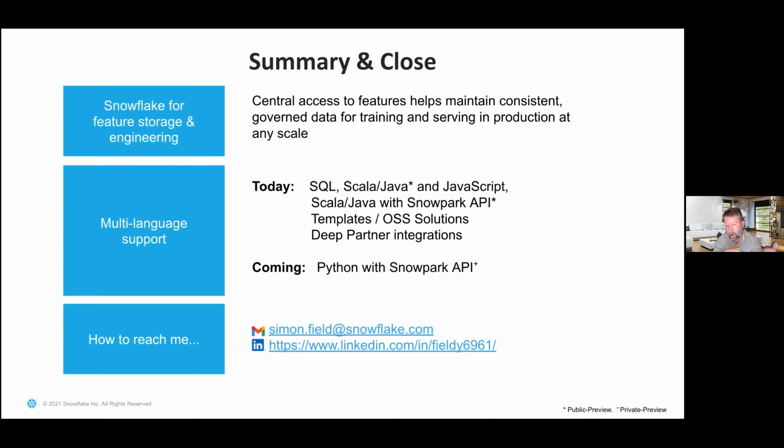And this Python Snowpark API that we've announced today is in private preview. But if you're an existing Snowflake customer and you're interested in trialing and working with that, then please reach out to me on one of the links provided here. I'd be happy to put you in touch with the right people so that we can give you access to the Python-based API.